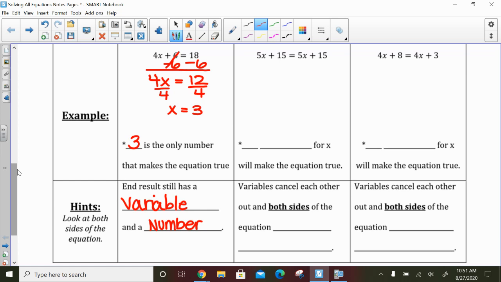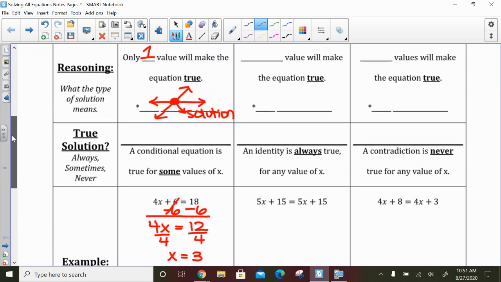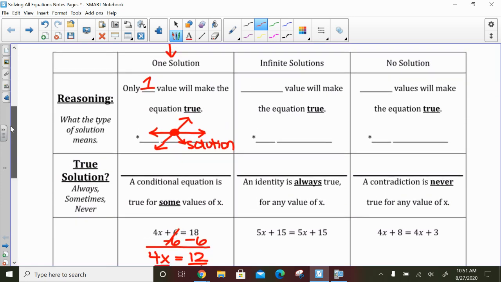All right, now let's go back up and talk about infinitely many solutions. Infinitely many solutions means that any value will make this equation true. All it really means is that both sides of your equation are identical.